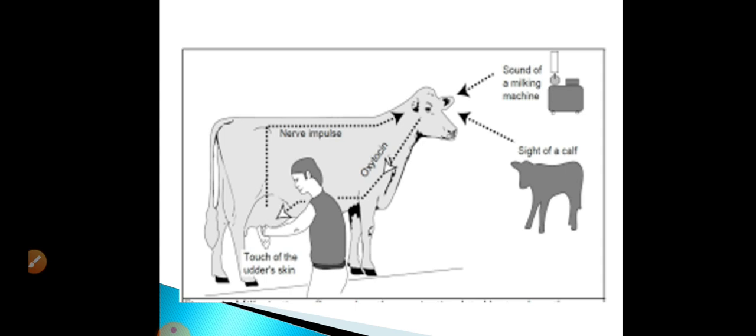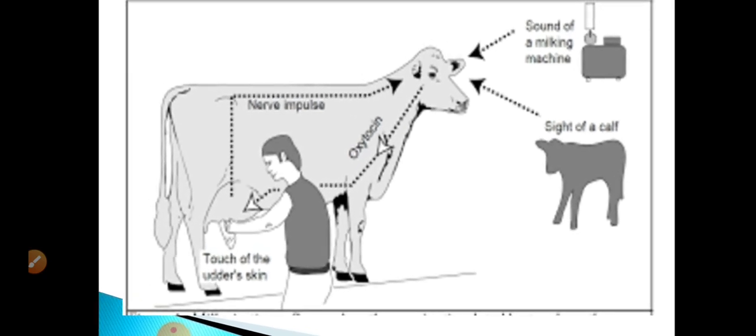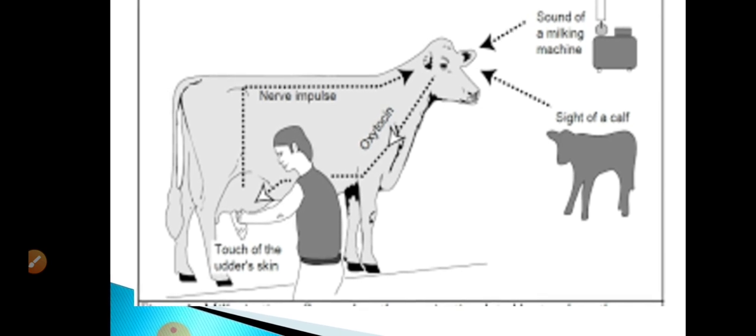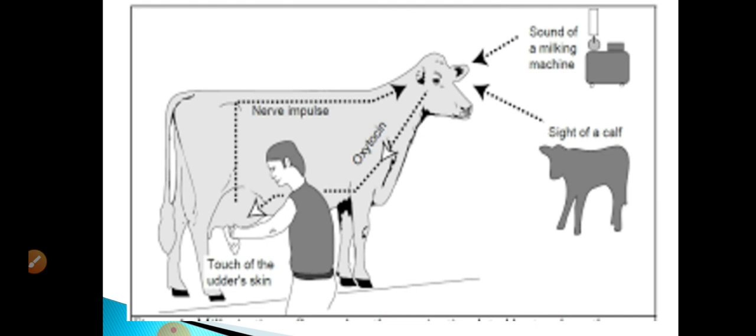So here we can see how the sight of cows gives the stimulus, and the sound of milking machines stimulates, and through the nerve impulse, this nerve impulse goes to the posterior pituitary, and that posterior pituitary releases oxytocin in the blood, and that oxytocin contracts the smooth muscles of the udder which surround the alveoli, and that contraction ejects the milk within 5 to 7 minutes.